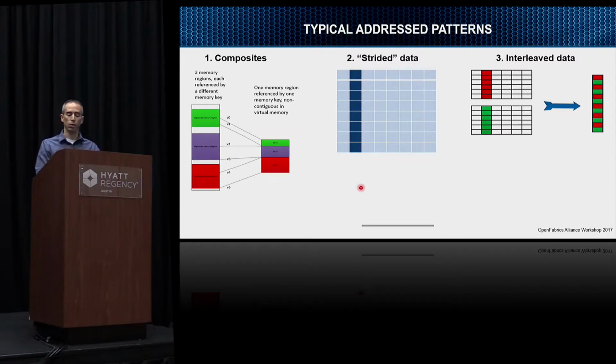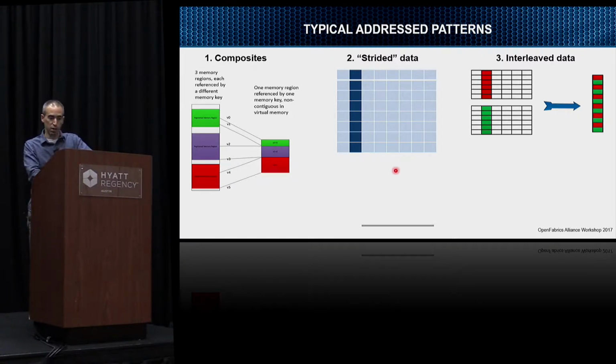The other, more complex method is the strided data, which fits well with the column of a matrix, where you have a pattern which is repeatable. In such a pattern, we would like to have a structure where we define how this pattern looks, and the device can combine multiple elements, even many elements, on its own.